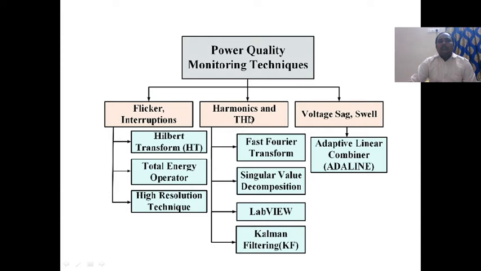The harmonics and THD are analyzed by using fast Fourier transforms, singular value decomposition, LabVIEW, Kalman filtering KF. If there is a voltage sag or swell, that can be analyzed by using an adaptive linear combiner. By using these techniques, we analyze the data.